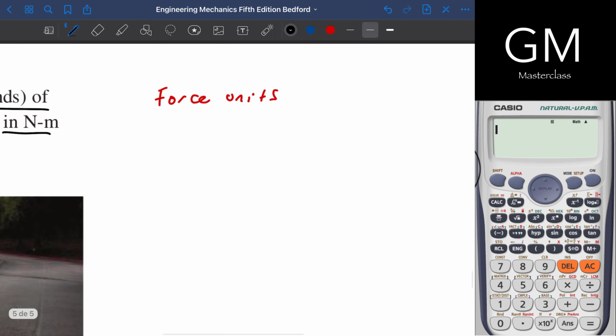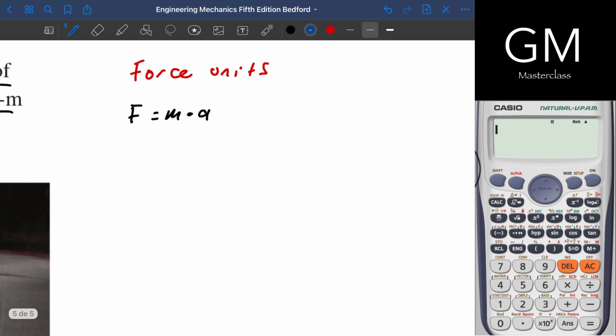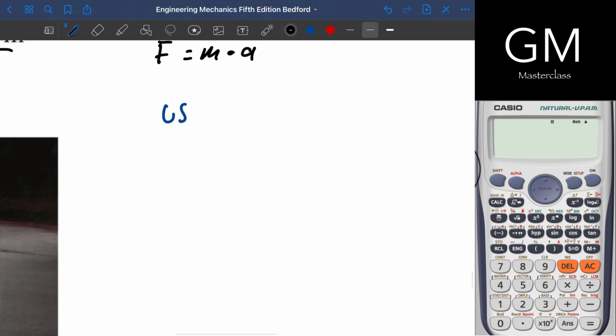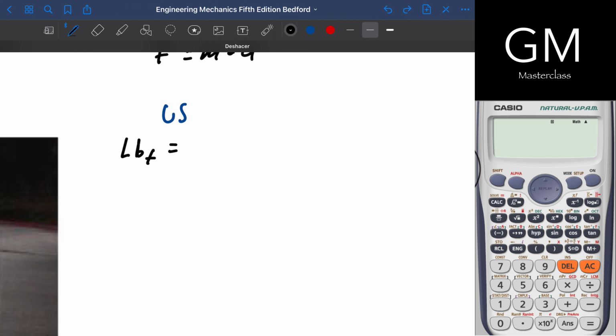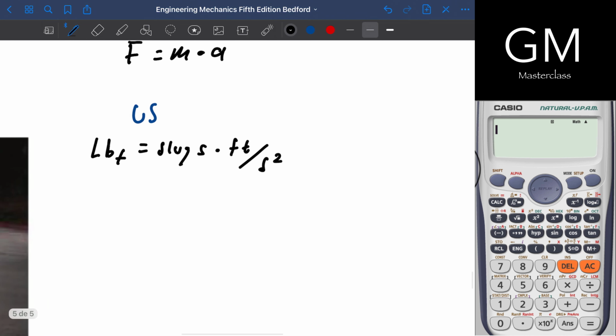And because of Newton's second law, a force is given by mass multiplied by an acceleration. So when we are talking about US units, then we are talking about force pounds, which is equal to slugs multiplied by feet per square seconds.